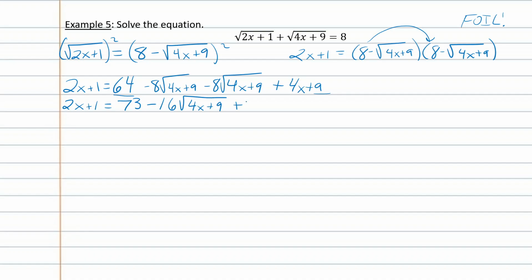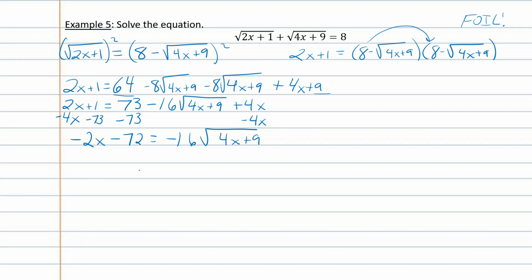And then this will be plus 4x. Now I want to get the square root by itself. Okay. So I'm going to subtract over the 73. And I'm also going to subtract over the 4x. So that I wind up with negative 2x minus 72 equals negative 16 square root 4x plus 9.